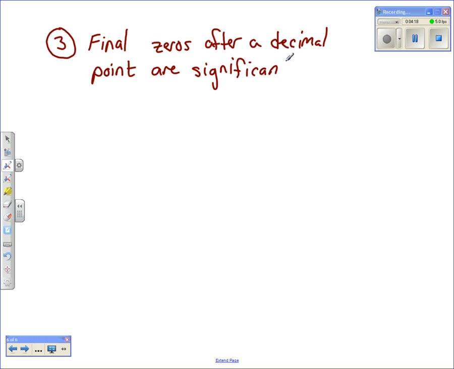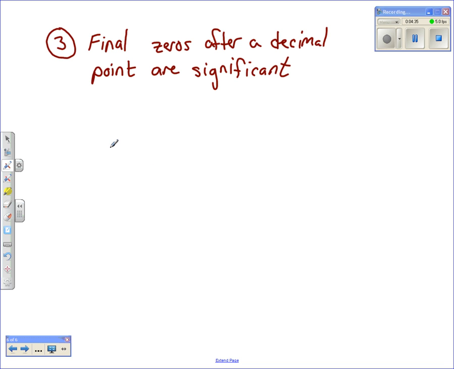Now, the final zeros after a decimal point are significant rule can be one of the more tricky ones because the zeros are kind of on the outside. They're not trapped. That's easy to see. Okay, and in like the first rule, there is no zeros. This one is a little trickier.